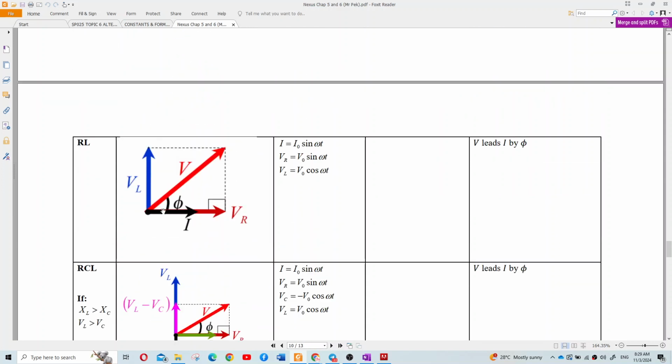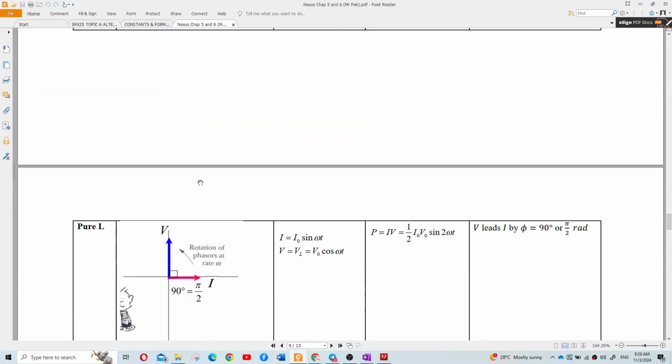We have VR and VL combined. So this is the total voltage. Understand? So Pythagoras theorem: VL and VR, that means VL squared plus VR squared, square root. We get this V. Understand? So this one is like before.